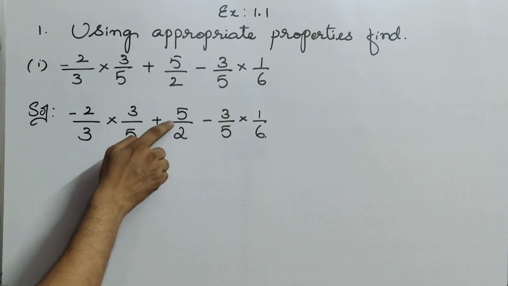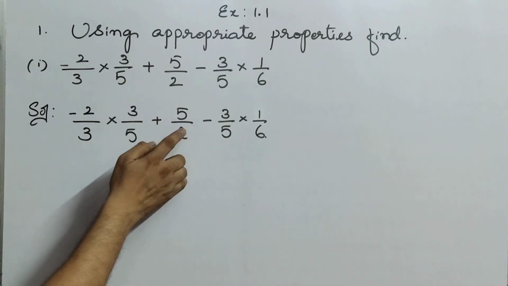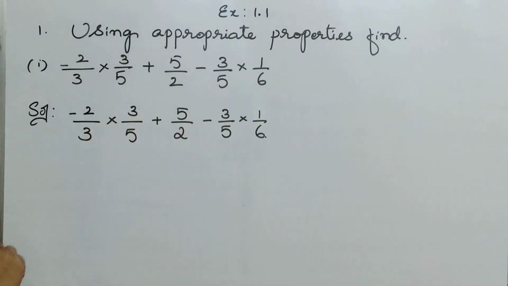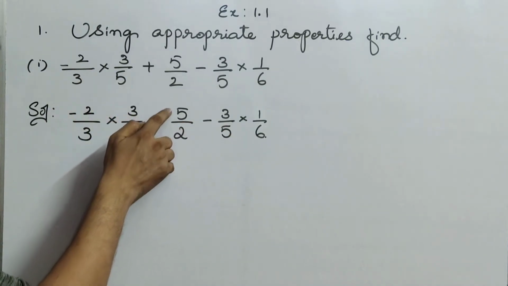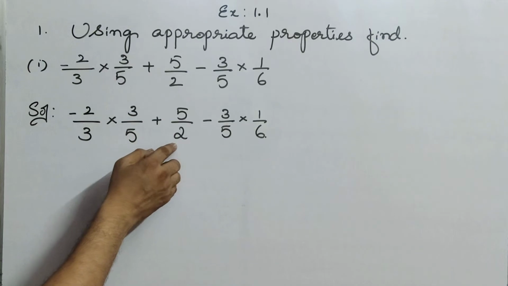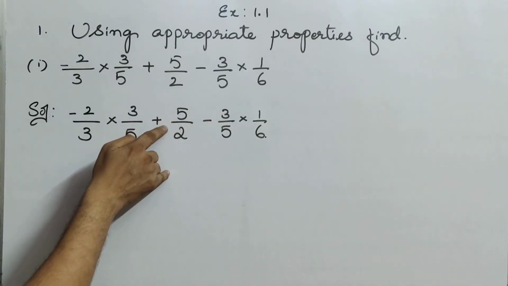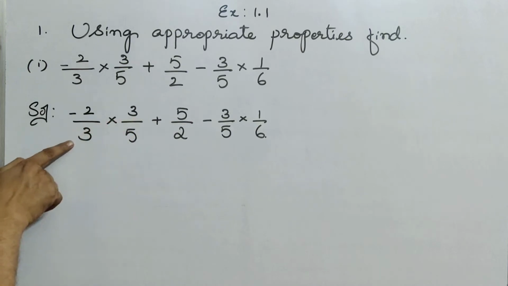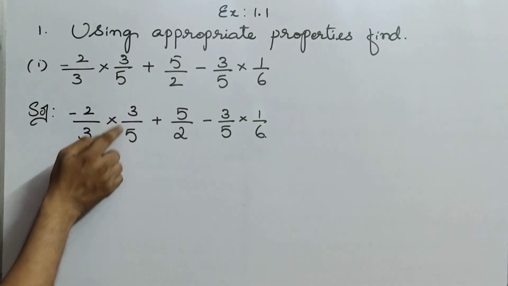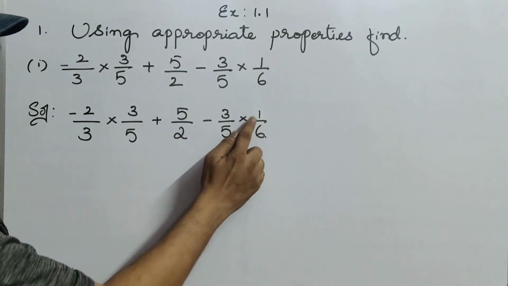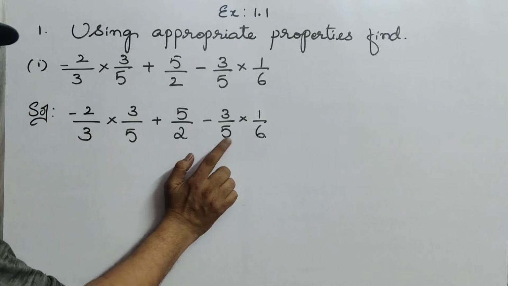Now, but here 5 by 2 does not have any number with multiplication like this, either 1 by 6 or 3 by 5. And it is completely different, 5 by 2. Okay, because it does not have any 3 by 5 along with it. Why? Because if you observe clearly, minus 2 by 3, what do you observe here? 3 by 5 is there along with this. And coming to here, 1 by 6 and along with this minus 3 by 5 is there.